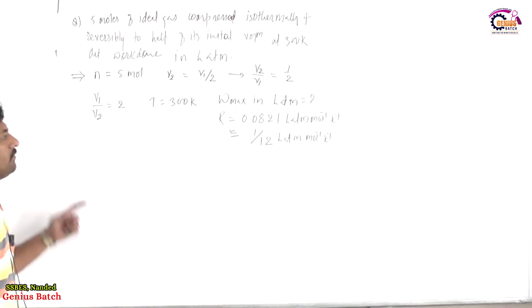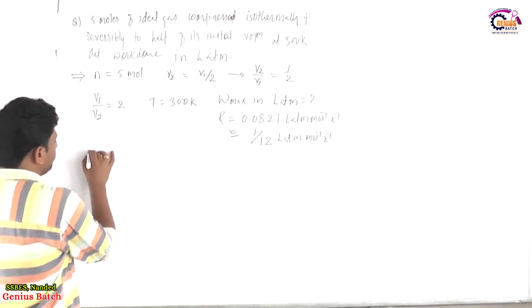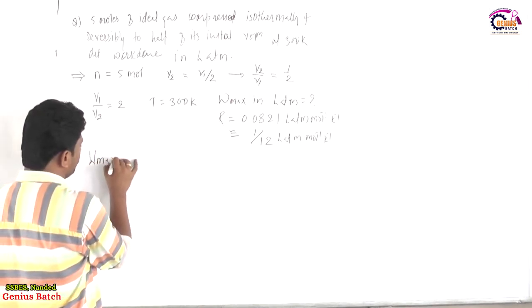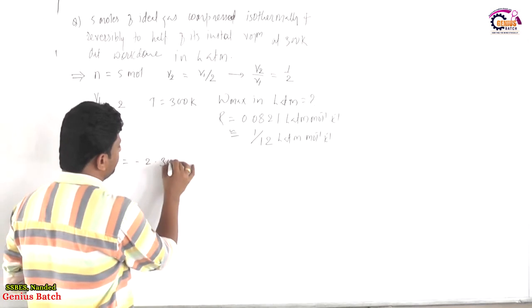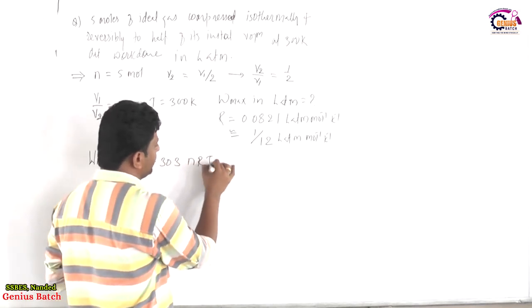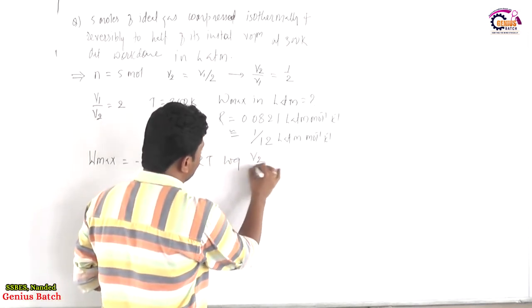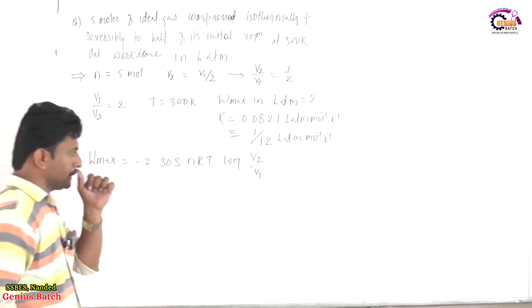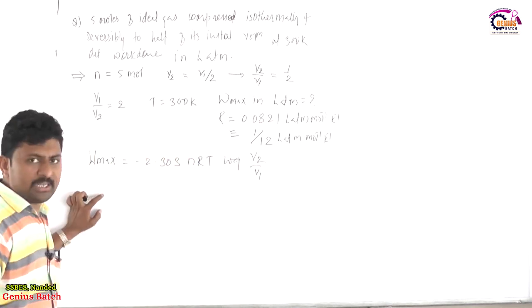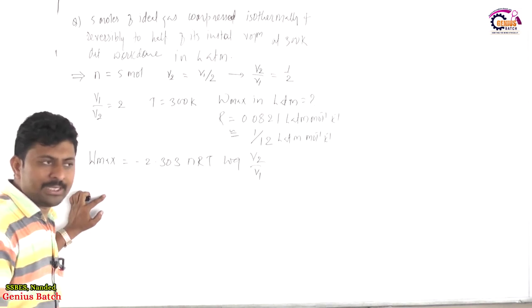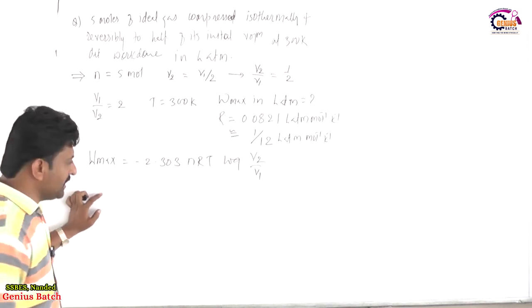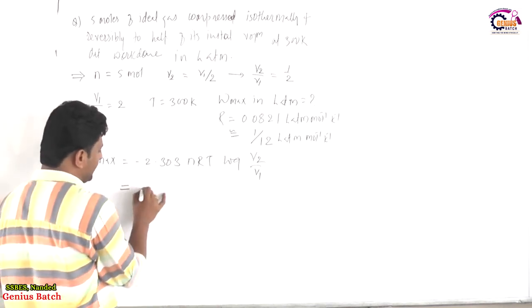Okay. Now we would place the values in the equation. W max is equal to minus 2.303 nRT log V2 by V1. We would change the equation first because the question is for compression, and for compression we can change the sign.